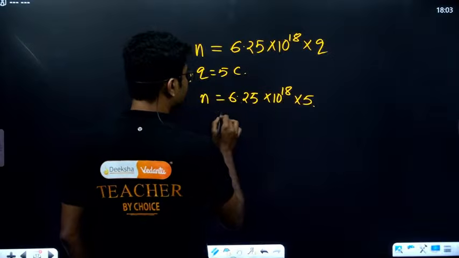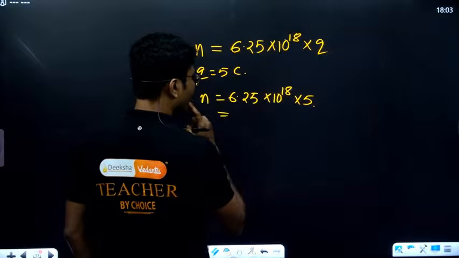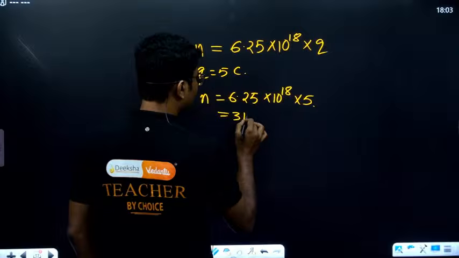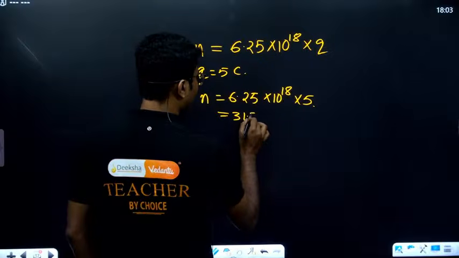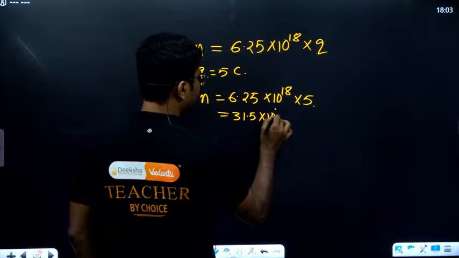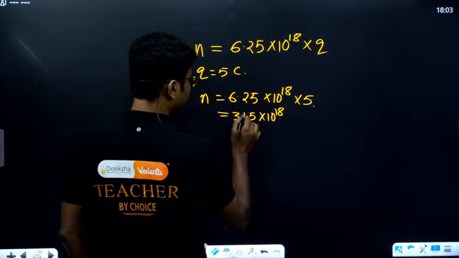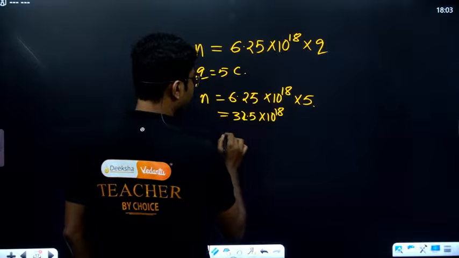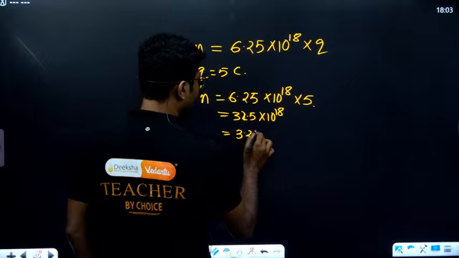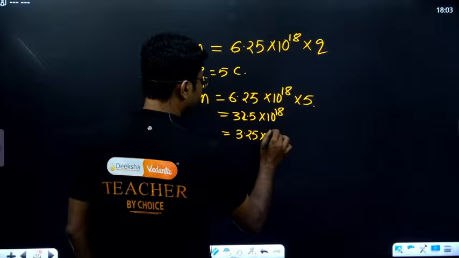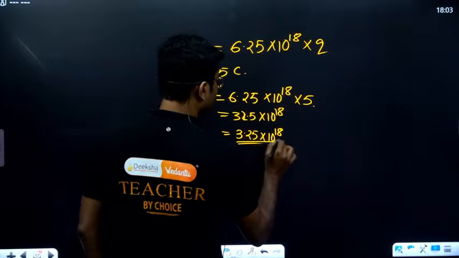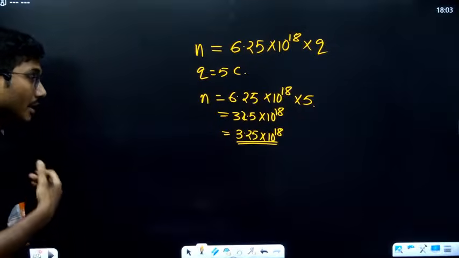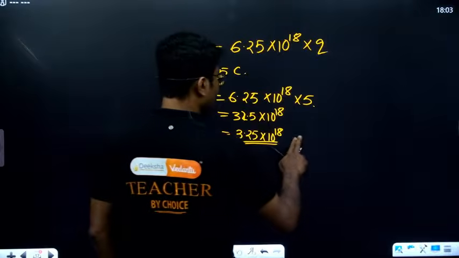So it will be 5 6 is 30, 31.25 into 10 to the power of 18, or 3.125 into 10 to the power of 19. This is the number of electrons.